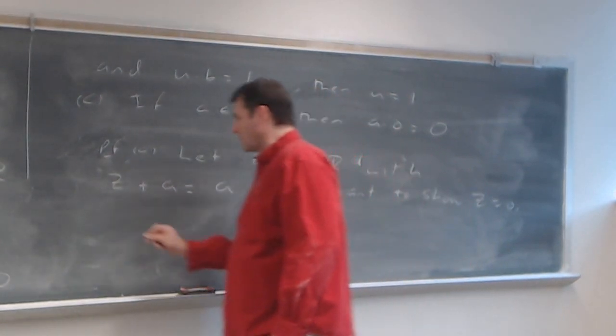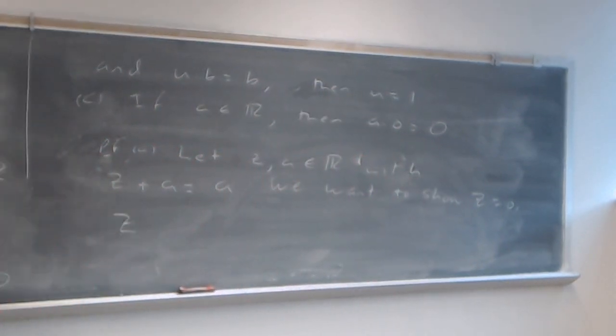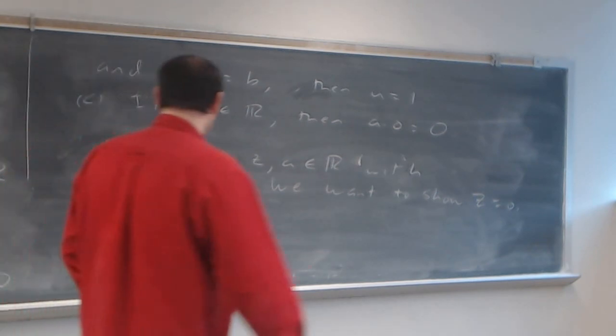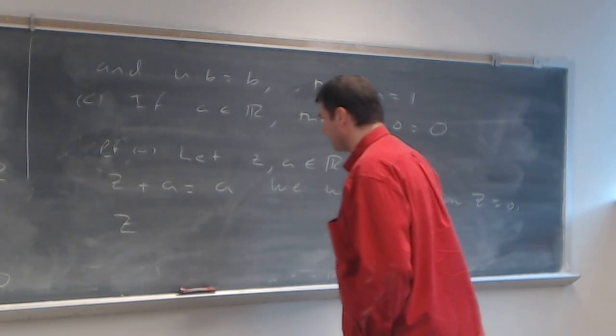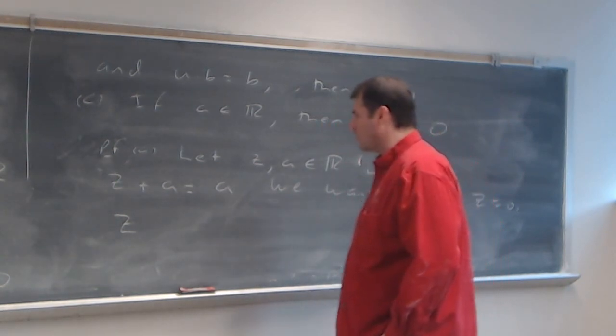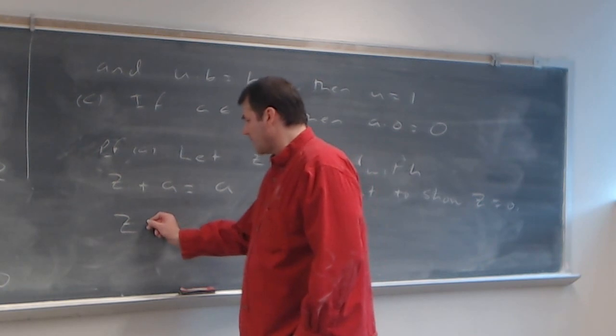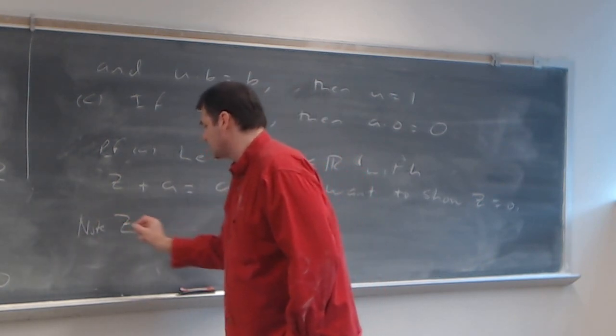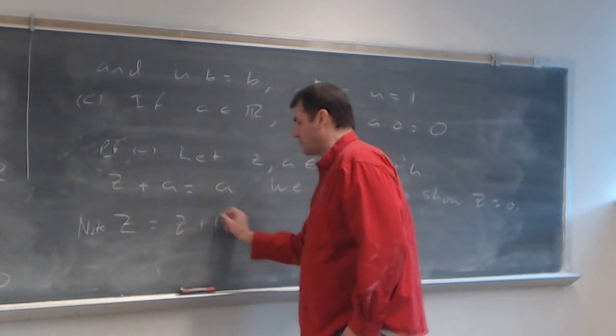Here's what I'm going to do. I'm going to grab Z. I want to show that Z is equal to 0. So I'm going to start off with Z. Z is the same thing as Z plus 0. That's one of the properties.